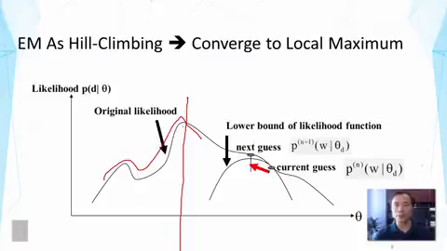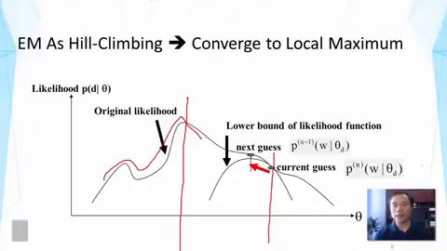It's a hill climbing algorithm. That would mean you start with some random guess. Let's say you start from here, that's your starting point, and then you try to improve this by moving it to another point where you can have a higher likelihood. So that's the idea of hill climbing.